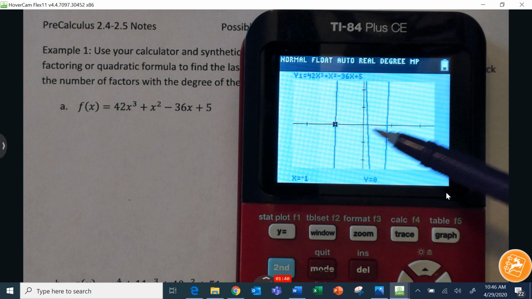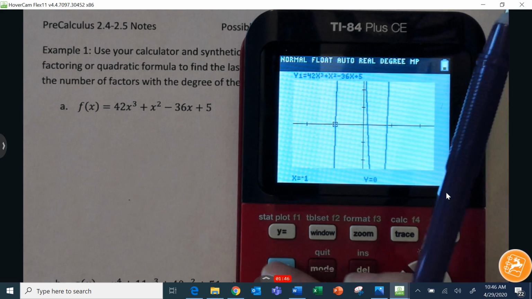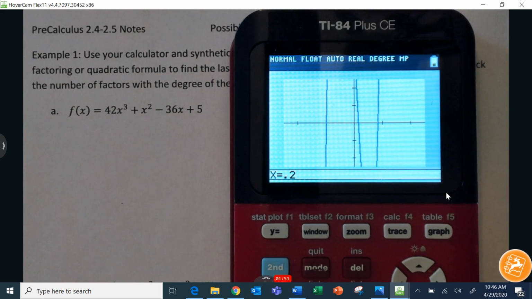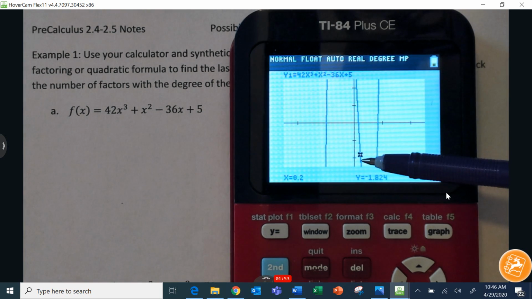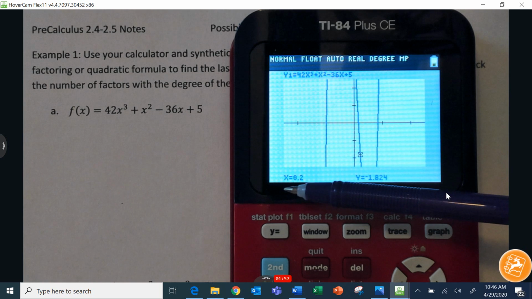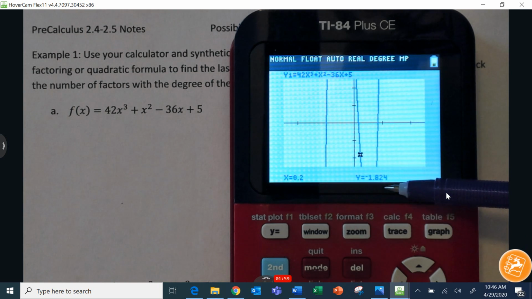Let me show you that again, but I'll try one of these over here. I think that is 0.2. So if I do second trace value and I do 0.2, it's showing me that that is not the 0. This is the ordered pair at 0.2.